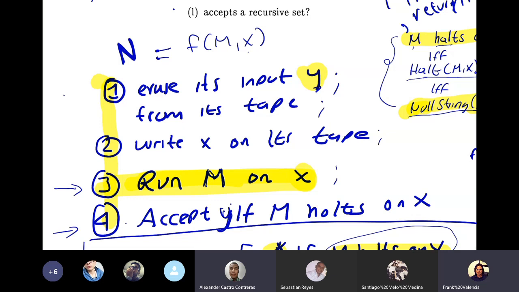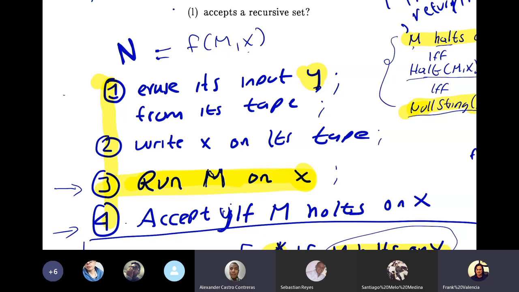Because machines always get an input. A machine gets an input and runs with that. And what you are doing is replacing whatever input N has with X. Just assume that you have an input and you just erase it. You are replacing whatever the machine has on the input with an X, okay?